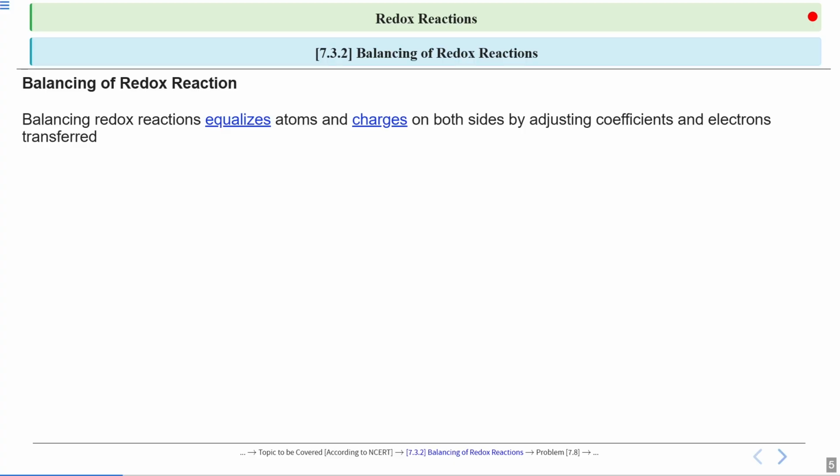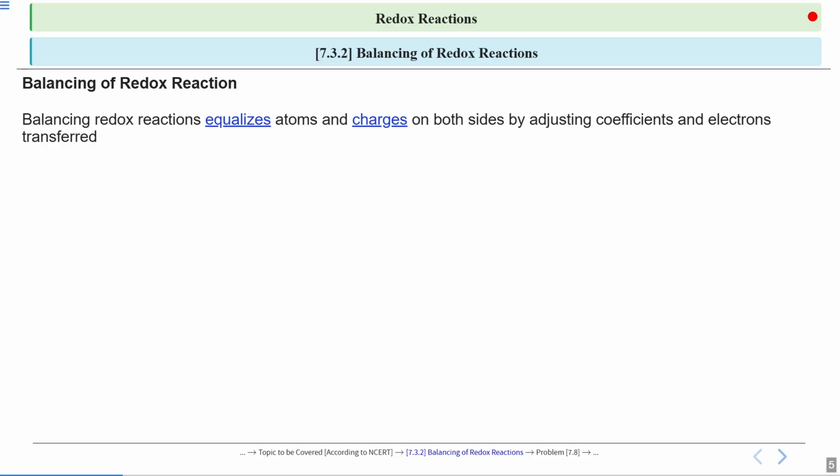Now, how can we equalize the charges? By equalizing the electron transfer, we can clearly balance the charges on both the sides. So what we can say is that balancing redox reactions by equalizing atoms means ensuring that the number of each type of atom is the same on both the reactant and product sides of the chemical equation.